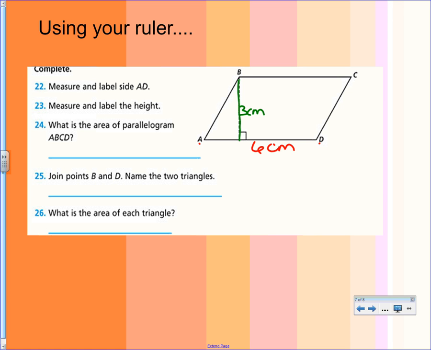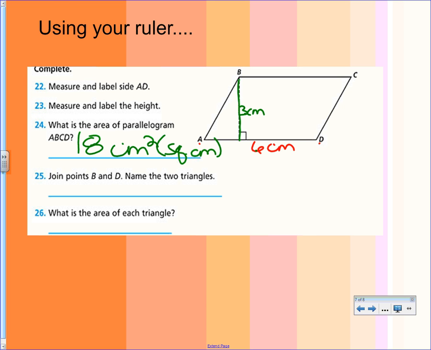Now you need to figure out the area, meaning how much you can put in, of the parallelogram. So that's dealing with A, B, C, and D. Remember, area for the parallelogram is just base times height. 6 times 3. Area is 18 centimeters squared. So there's our area.